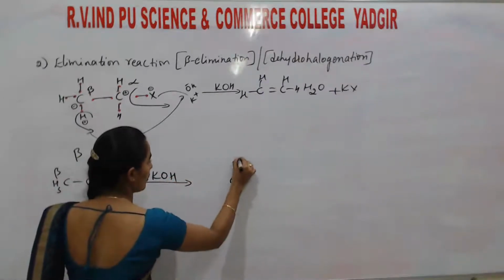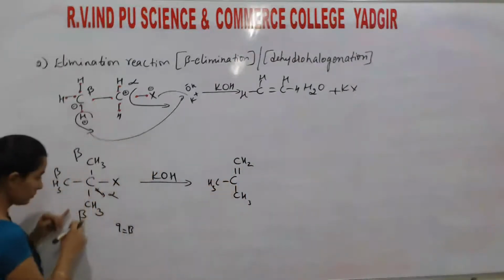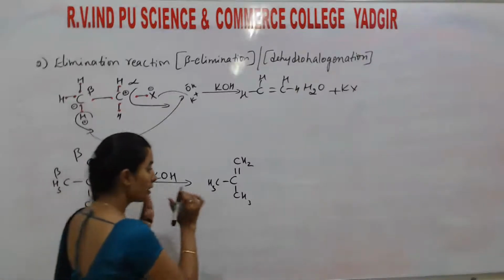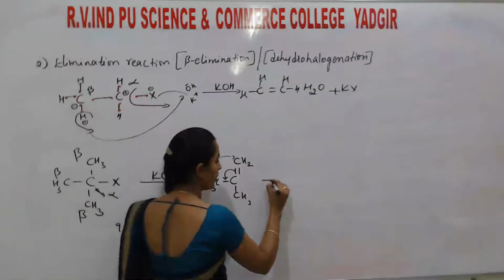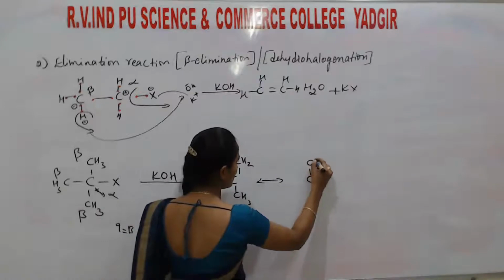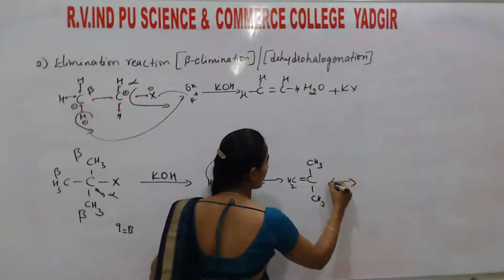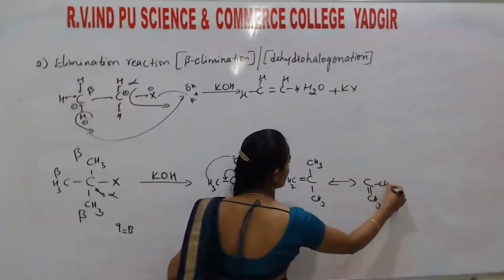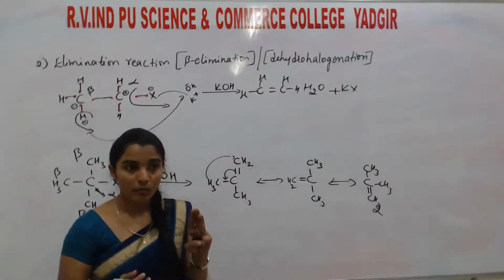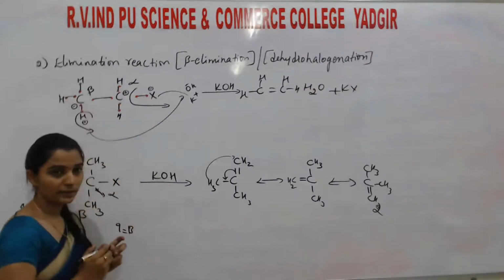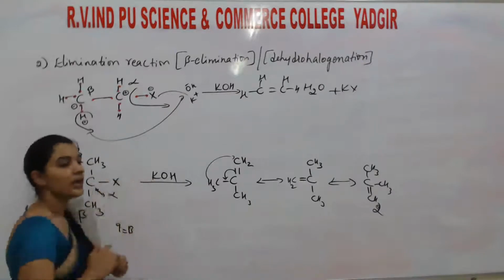If C double bond CH2, single bond CH3, CH3 is there as well, then there may be a shift of this electron here, this hydrogen here. Then it may be CCH3 double bond CH2 single bond CH3, or it may also form CH2, CH3, CH3. There may be three different compounds with respect to this. So if the number of alkyl groups is more, then it is highly stable.